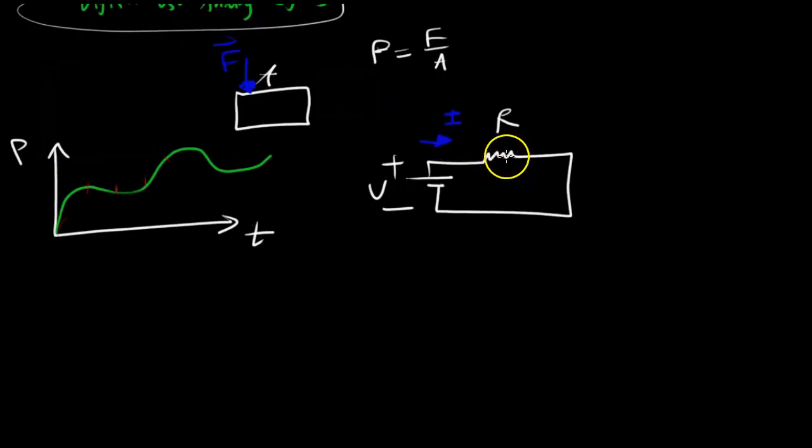The resistor is like friction, basically. You're dissipating energy away and you're never getting it back. So that would be kind of an expensive way to go about representing this.